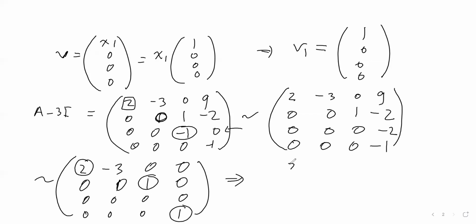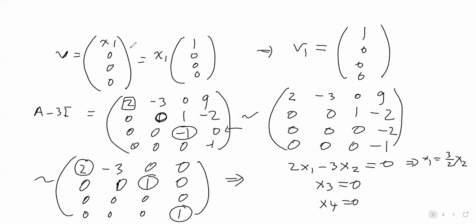So rewrite it. 2x1 minus 3x2 equals 0. And then x3 equals 0. And x4 equals 0. This will be 1, 2, 3 over 2 x2. So now if I write the vectors, I will do 3 over 2 x2.